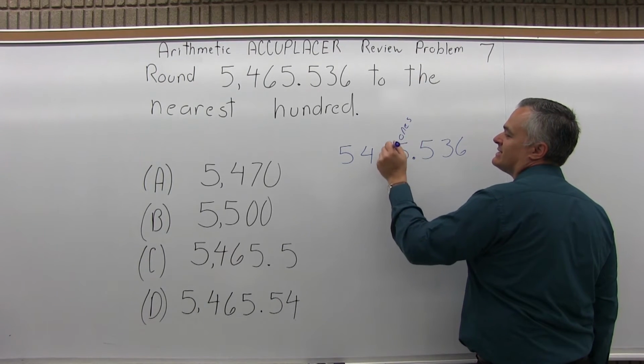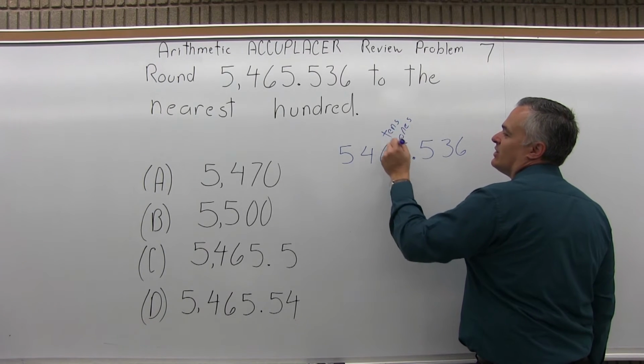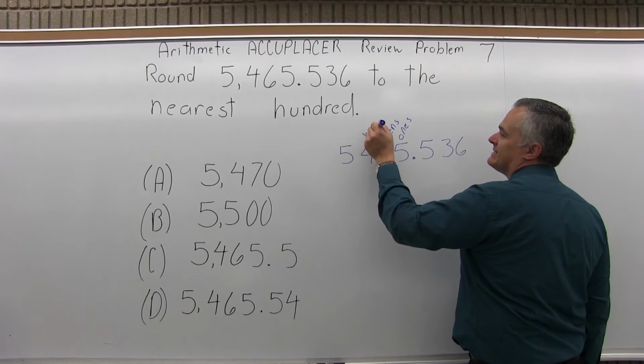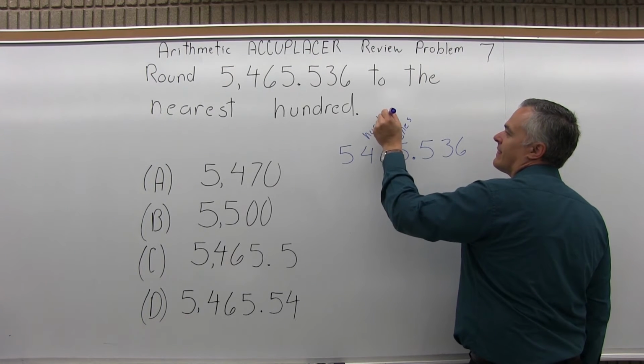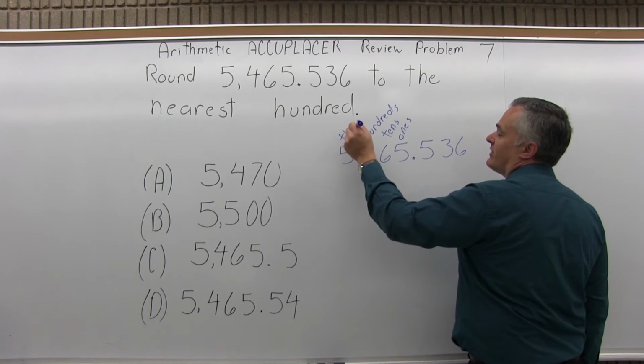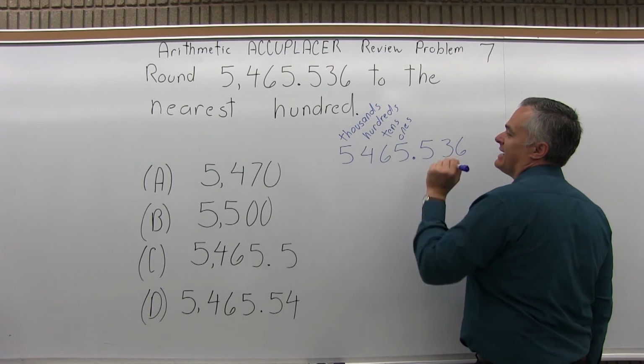The 6, as I go over one more place, is the tens. The 4, one more place to the left, is the hundreds. And then the 5 is thousands, not thousandths with the TH, but thousands ends in an ANDS.